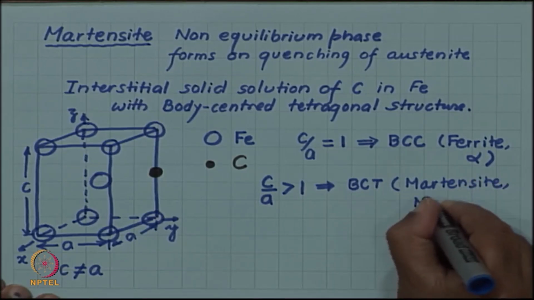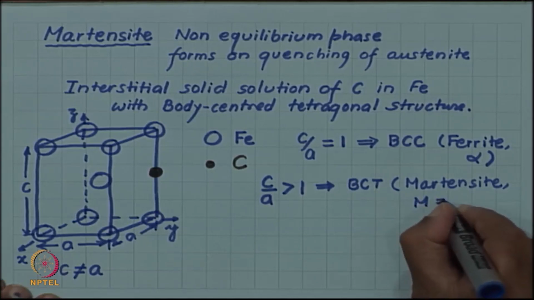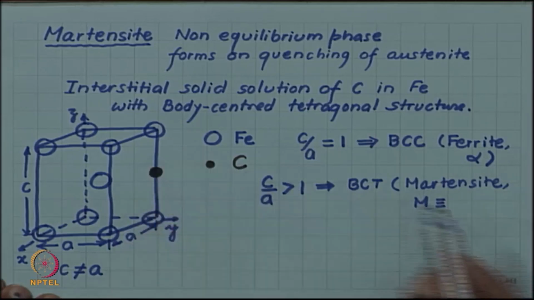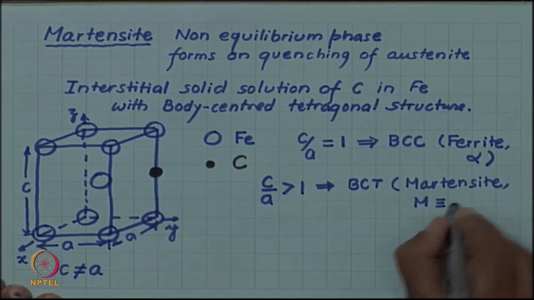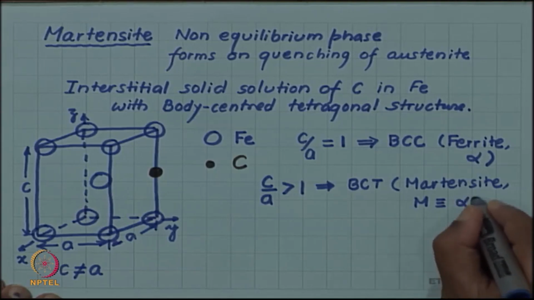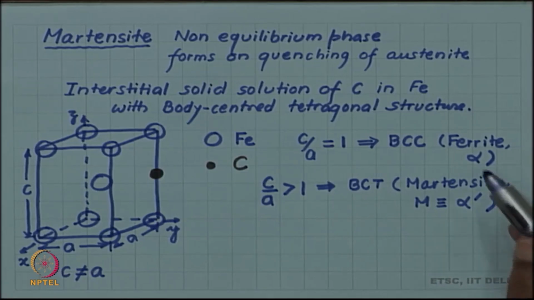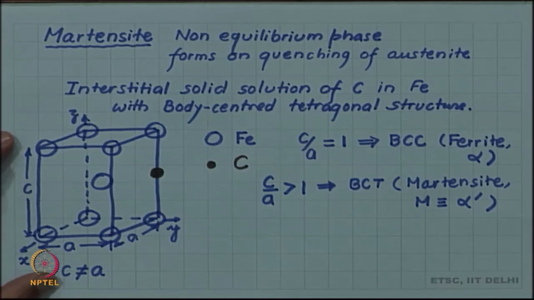I gave the symbol M for this, but because of its relation to ferrite, you can see it is a slight distortion of ferrite which will give you martensite. So, sometimes it also has a designation alpha prime. So, alpha is BCC, alpha prime is body centered tetragonal.